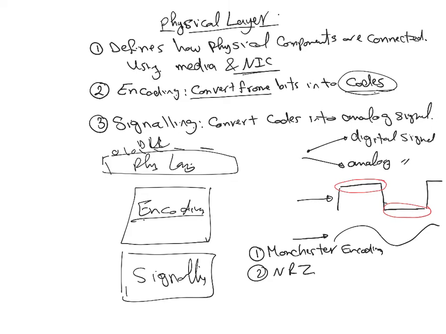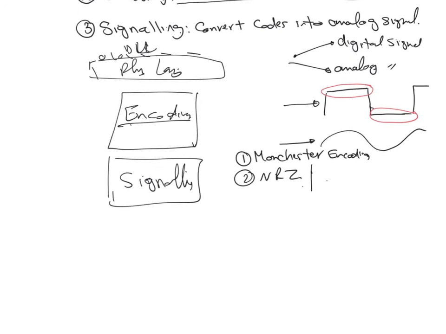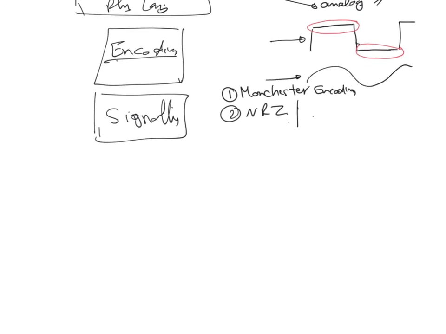So for Manchester encoding, if we have a signal that looks like this, we receive a set of bits, as we said, 0, 1, 0, 0, 1, 0, 0, and so on, right?